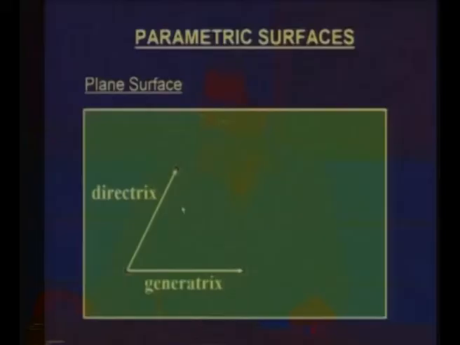Now, probably the simplest example of a linearly swept surface is a plane. I have a straight line, which I call the generatrix, and another straight line along which it is swept, which is the directrix. If I sweep this along the line, I should get a planar surface.